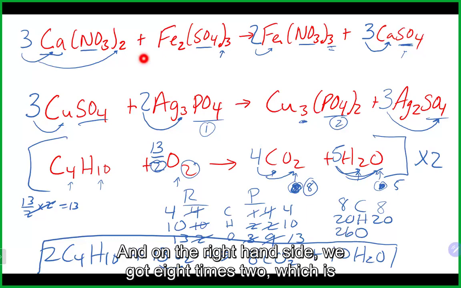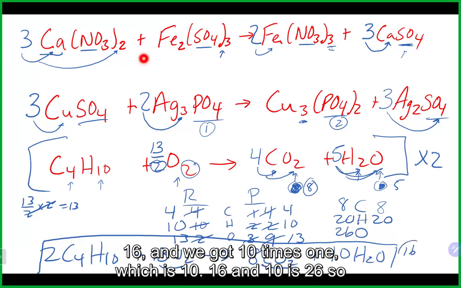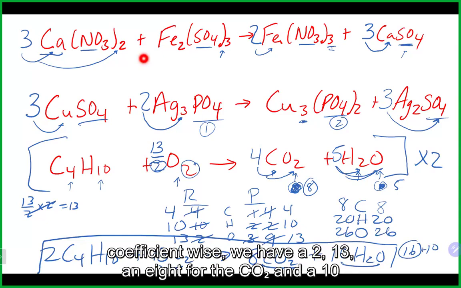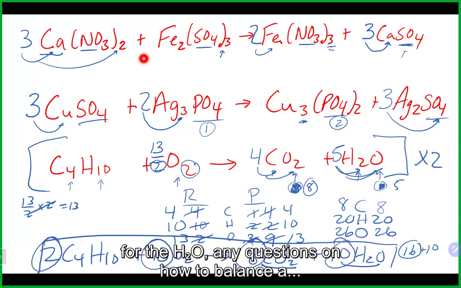And on the right-hand side, we got 8 times 2, which is 16, and 10 times 1, which is 10. 16 and 10 is 26. So that does look like a winner. So again, coefficient-wise, we have a 2, 13, an 8 for the CO2, and a 10 for the H2O. Any questions on how to balance equations?